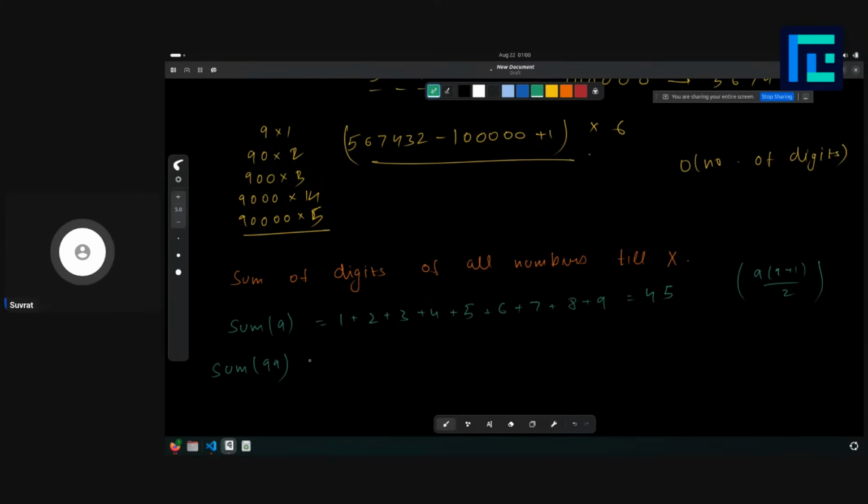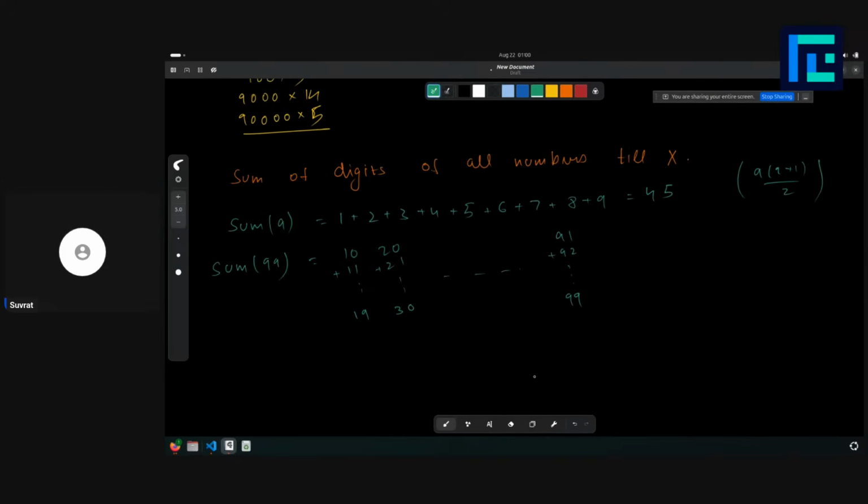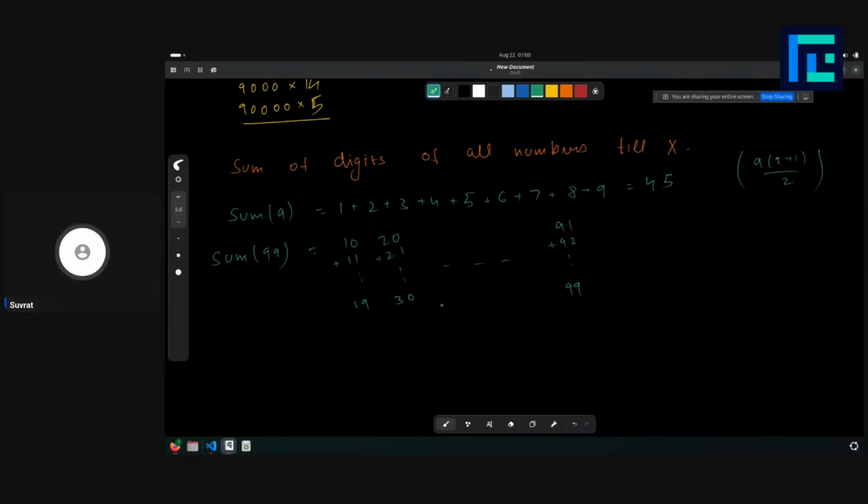Let's take now the sum till 99. What we can do is break it down like this: 10 plus 11 till 19, then 20 plus 21 till 29, and so on till 90 plus 91 till 99. Let's look at this like this: 10 plus 1 plus 2 plus 3 till 9.